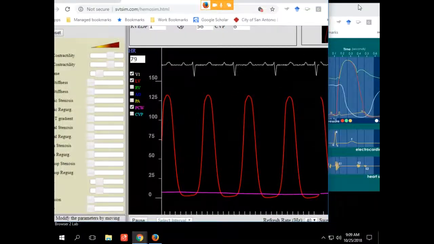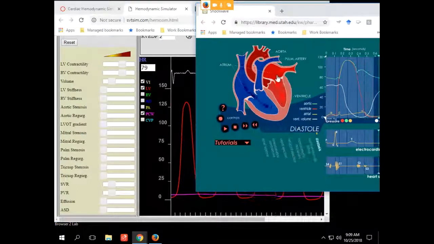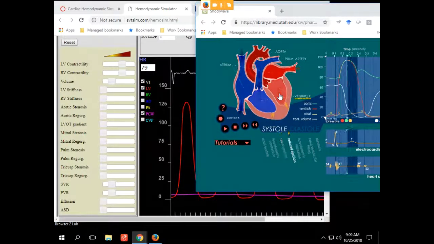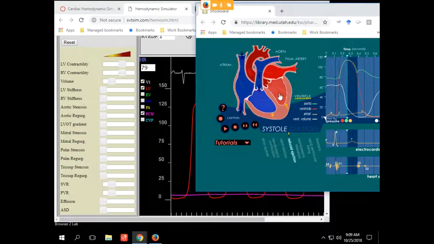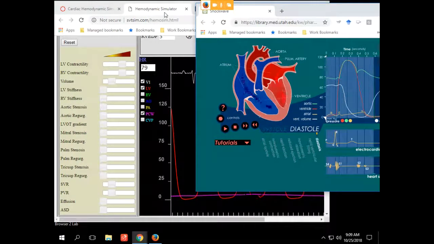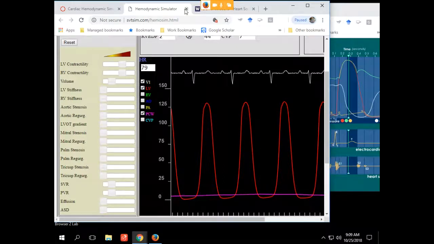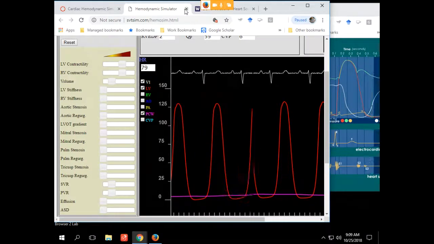In your mitral valve, right over here, you see how it opens right there? In stenosis, it doesn't open very much. It only opens a little bit, so there's a smaller hole. So where are we going to look for stenosis?